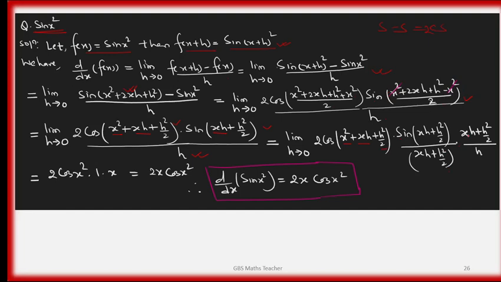Now apply the limit: these two terms go to 0, 2 cos x square, this part is 1, and here h cancels, h by 2, the second term will be 0, the first term remains x. So the final answer is 2x cos x square. Therefore the derivative of sine x square is 2x cos x square.